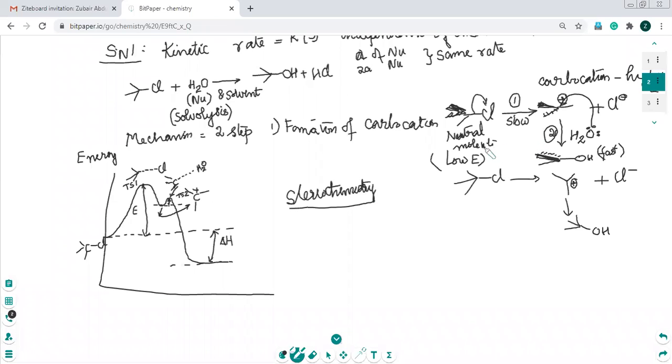From the mechanism, you can see what product is formed. Suppose you are taking this starting material. See here. Suppose this is your starting material, R1, R2, and R3.